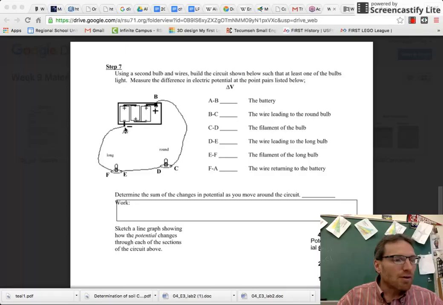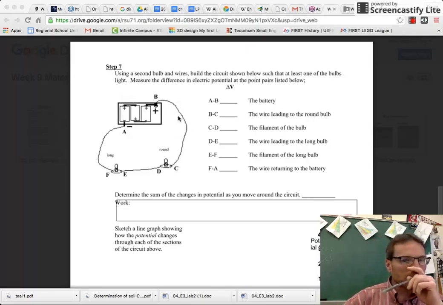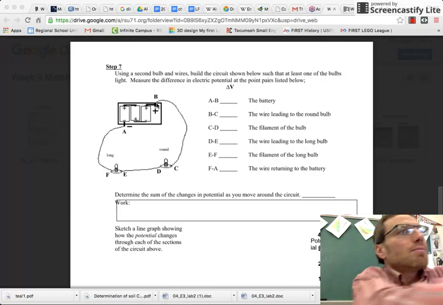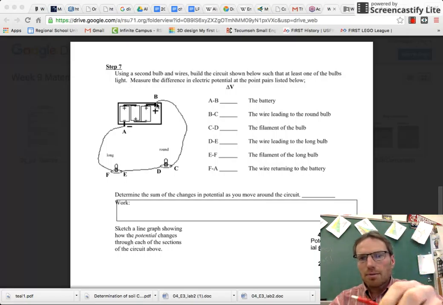Since the bare wire didn't have any voltage drop, why would you see a voltage drop from B to C, say? Well, my thinking is that the alligator clips are copper wire, potentially.